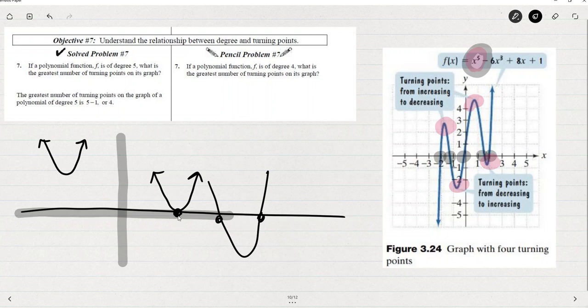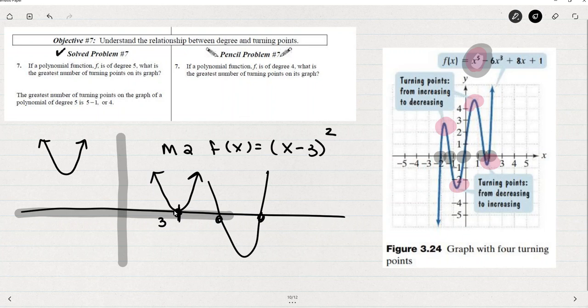The first one never crosses the x-axis. Here we have where it touches and bounces back, right? And we know why, because that zero had a multiplicity of 2. It's like this function, f of x equals x minus 3 squared. So here's the positive 3. The zero was 3, but it was an even multiplicity, so it hit the axis and bounced back up. So we only got 1 zero.